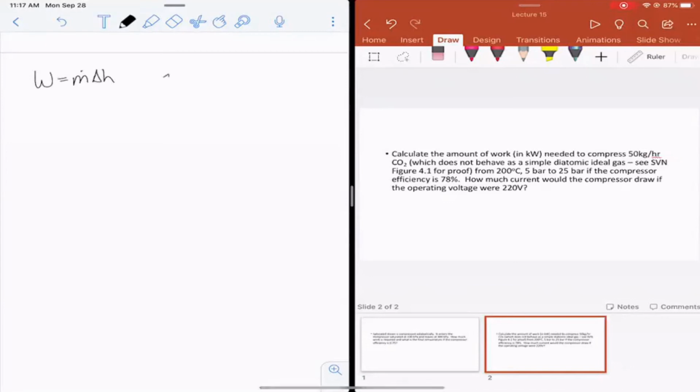And then we had equations for the efficiency being equal, either to the work for the isentropic case over the real work, or, we also said that the efficiency could be, that's the same thing as saying it's delta H for the isentropic case, divided by delta H real. All right. And that means our primary objective is to still determine the final temperature and enthalpy.